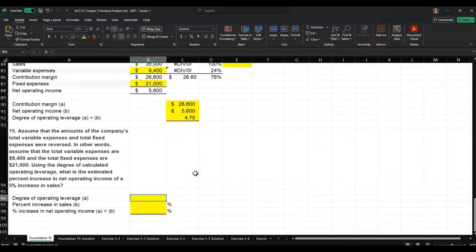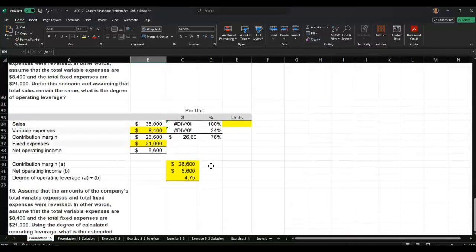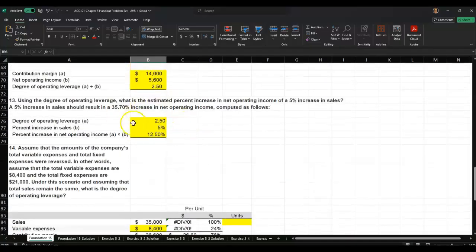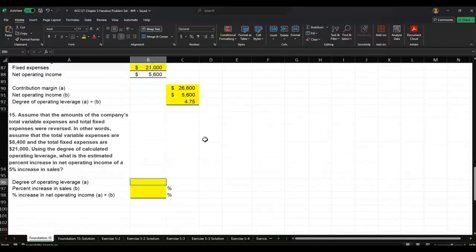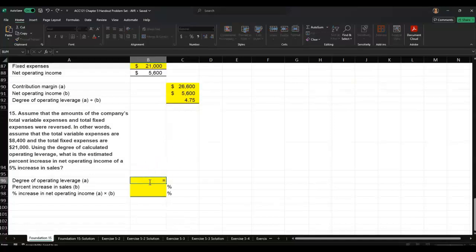Okay. So again, this one gave us a 5% increase in sales, which gave us a 12.5% increase in net operating income. This one is going to give us 4.75 against the 5%. So again, that works well, and that looks really good.